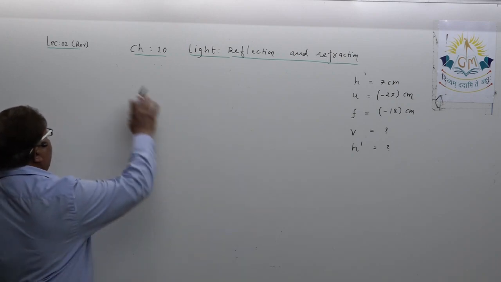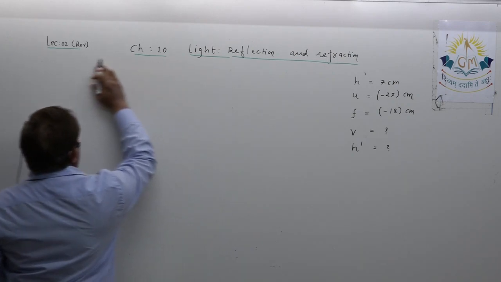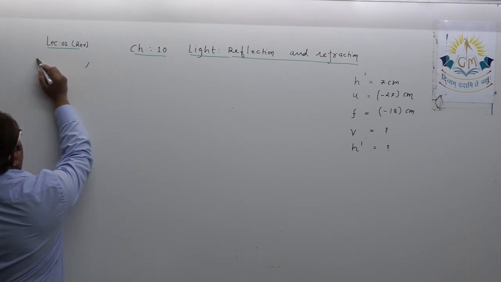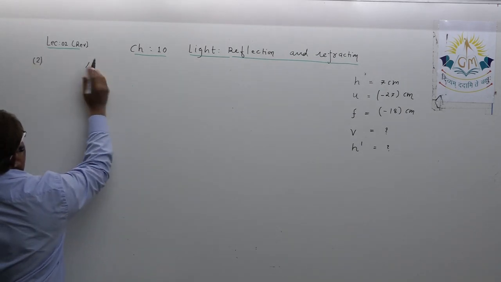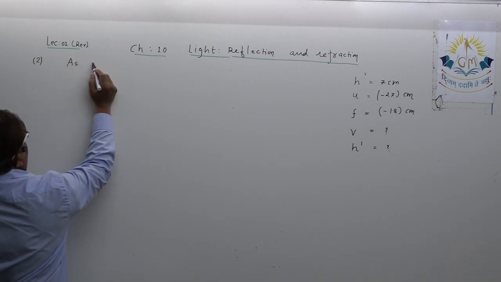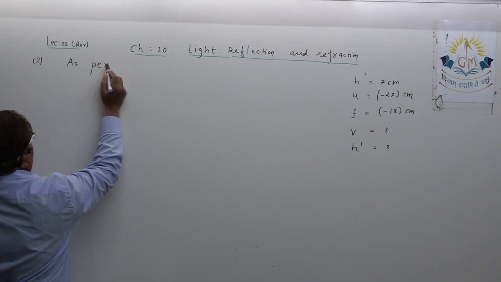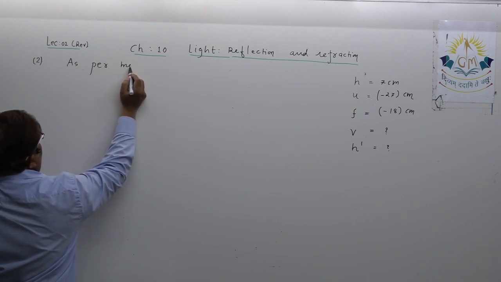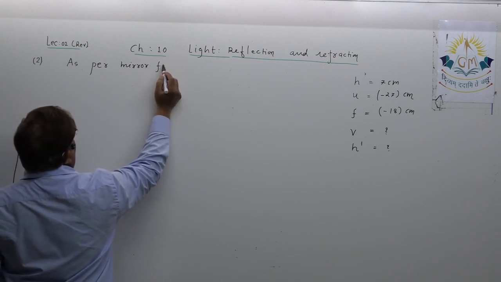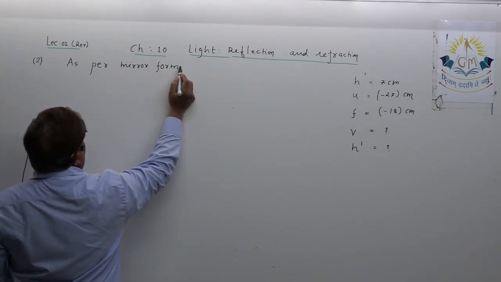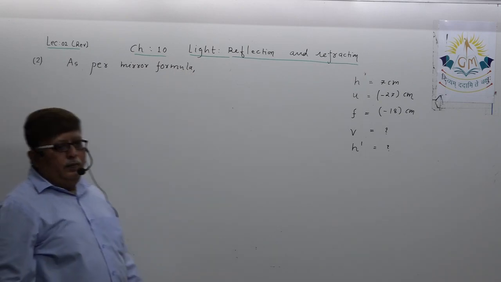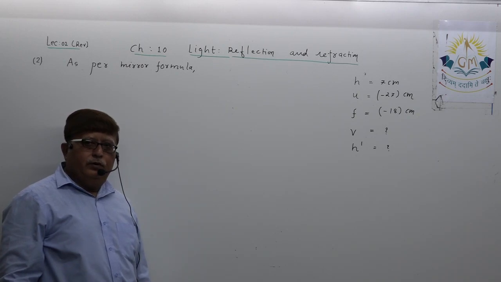What you need to write here, what I mentioned in the first example, is compulsory for you to write, dear student: as per mirror formula. This is what you need to write compulsorily when you solve an example.